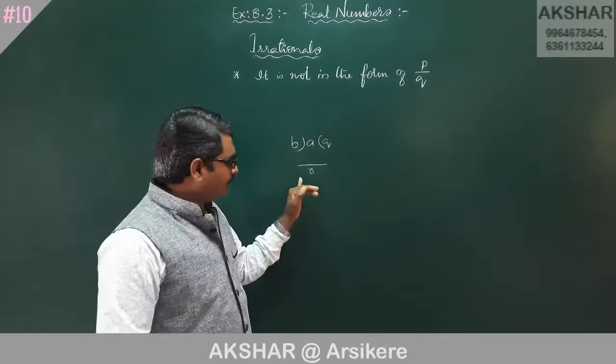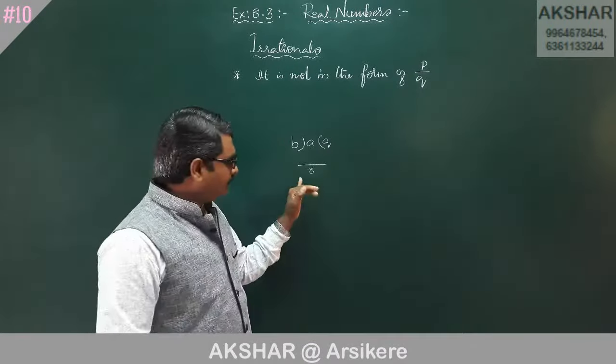Such numbers are rational, but irrational numbers are not in the form of P by Q, because they won't give the exact value.